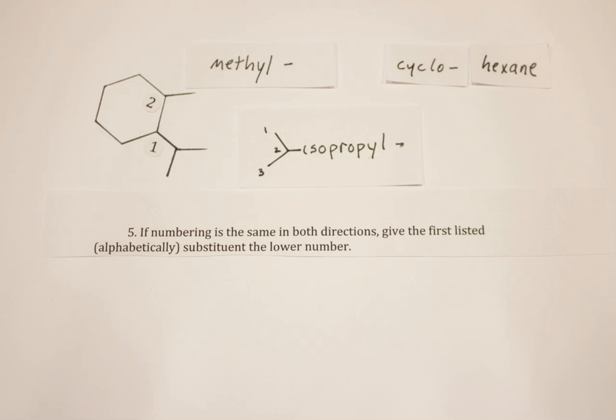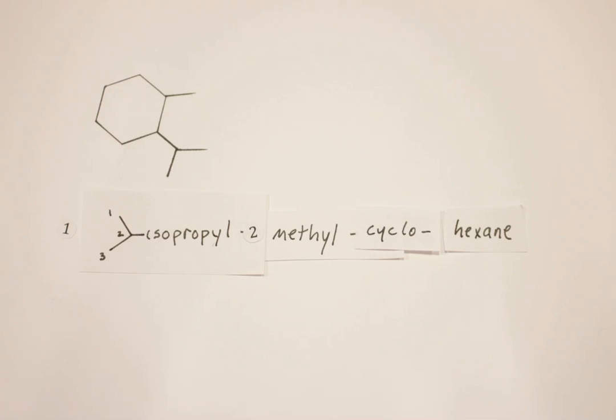Here we have a substituent we can name two ways. You can use the prefixes from the table that we studied earlier, and from that table we know that this is an isopropyl group. Or we can name it in correct IUPAC nomenclature. Either one is acceptable for this class.